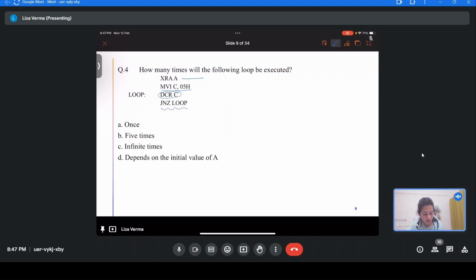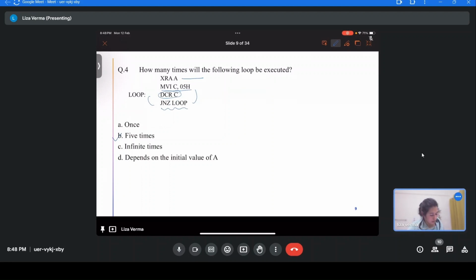It will continue until C becomes 0, and since C is 5, it will take 5 iterations to make it 0, right? So the loop will be executed 5 times.